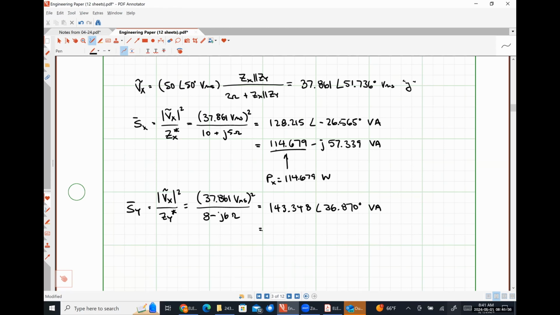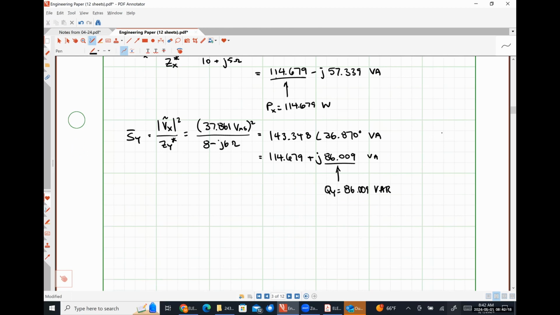In rectangular form, that comes out to be 114.679 plus J 86.009 volt amperes. And which of these numbers is the reactive power? 86.009. Yep. VAR.